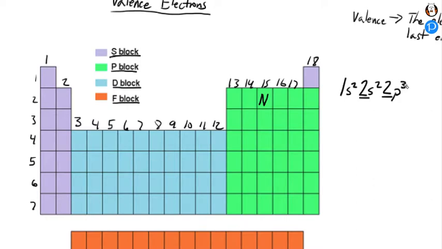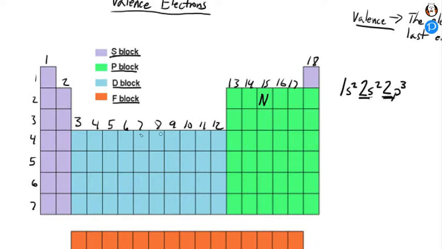So 5 of the 7 electrons that nitrogen has are valence electrons, or outer shell electrons, because they're at the highest energy level, level 2.